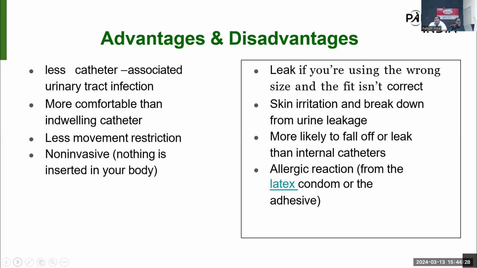Every time the urine contaminates the skin, it will affect the skin. It is more likely to fall off and leak than internal catheters. Soiling due to the urine drainage will affect the surrounding area and it will fall off. Some patients may report an allergic reaction because of the latex material of the condom.